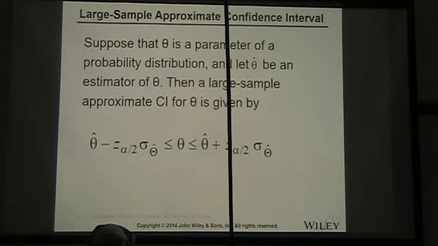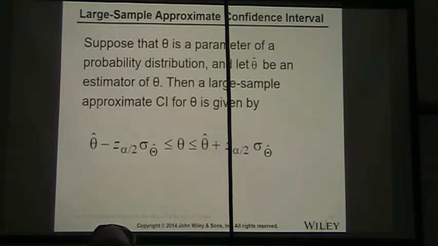All right, so for a large sample size, our approximate confidence interval for any measurement: suppose that theta is a parameter of a probability distribution, and let theta hat be an estimator of theta.